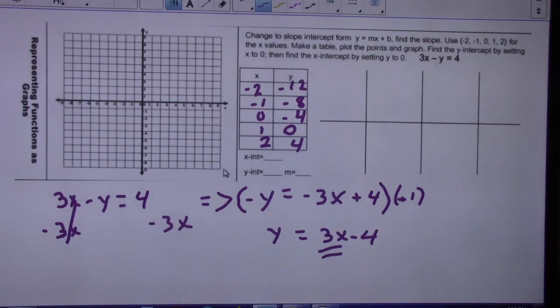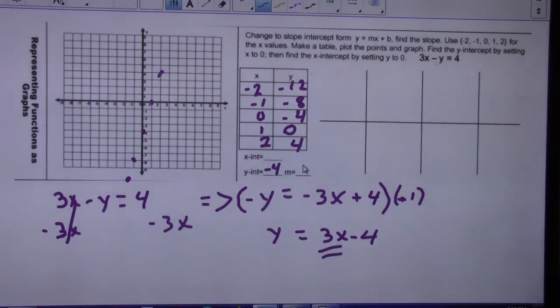So now we can just write the points: -2, -12. So it'll be down here someplace. It's hard to see, right? Then we have -1, -8. And we have 0, -4. We'd have 1, 0, and 2, 4. So something like this. And then set the x-intercept by setting y equal to 0. We know the y-intercept is -4.